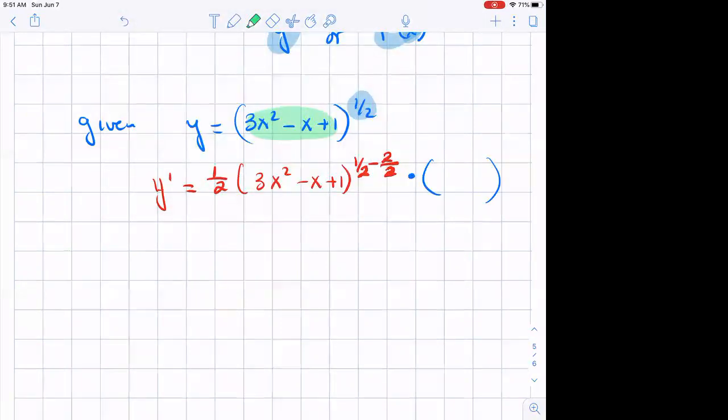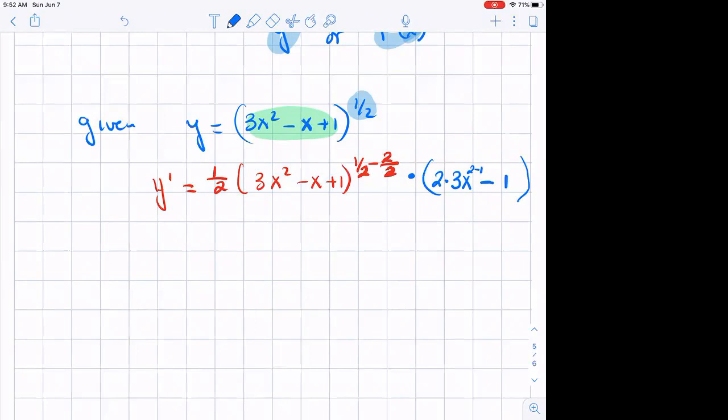The derivative of that would be 2 times 3x, which is 6x, minus the derivative of x, which is 1. The derivative of any variable is 1. The derivative of p is 1.